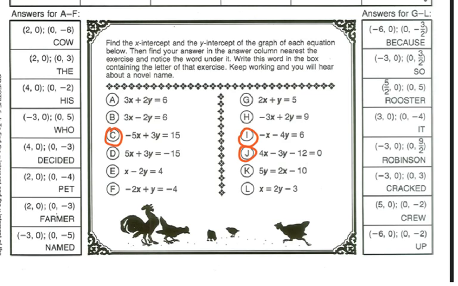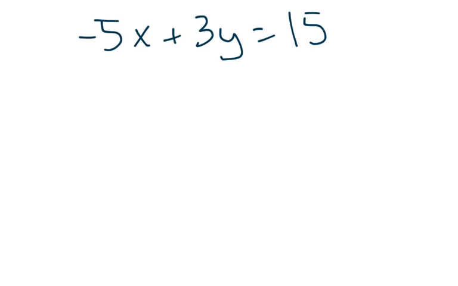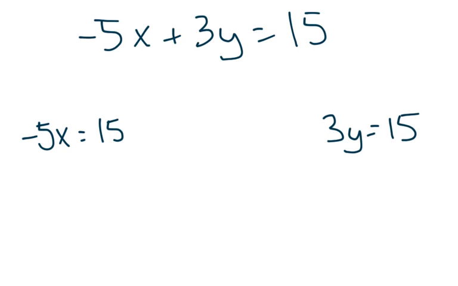Alright, so we'll start with C. So I'm going to write it again. I'm going to write this as 2 separate equations: negative 5x equals 15 and 3y equals 15. Notice that in one case I made this go away, and in another case I made this go away.